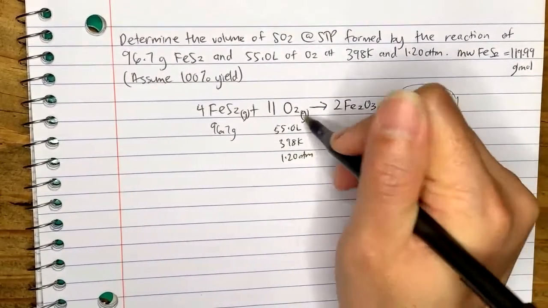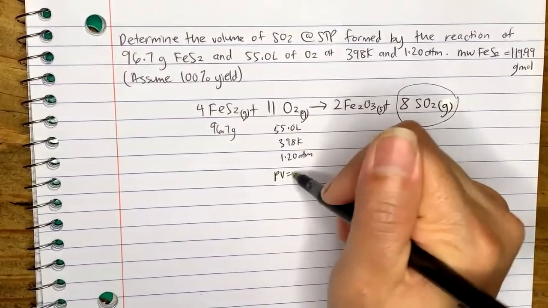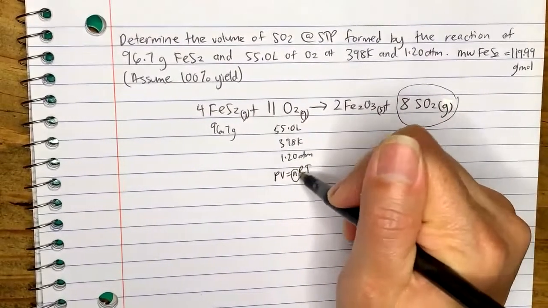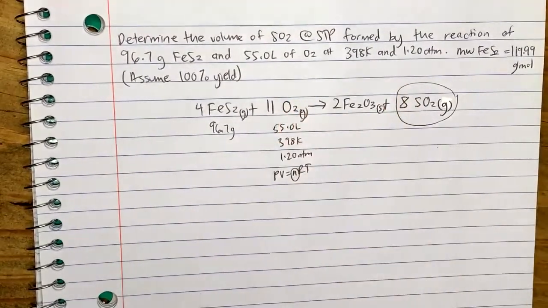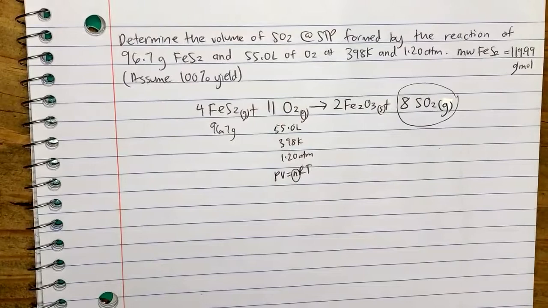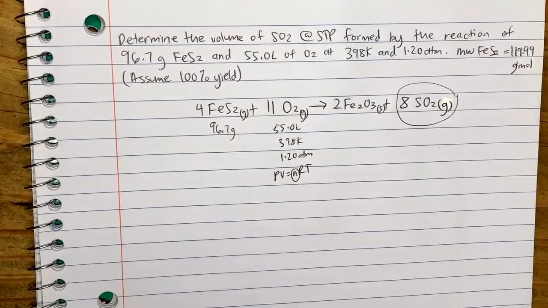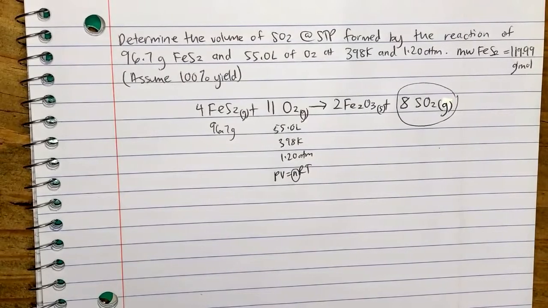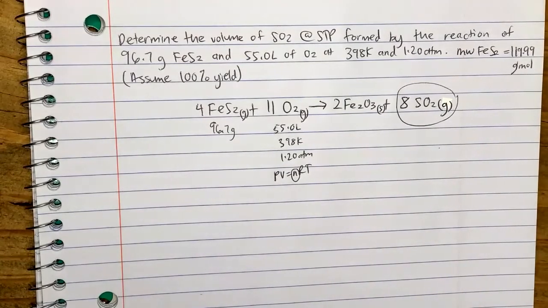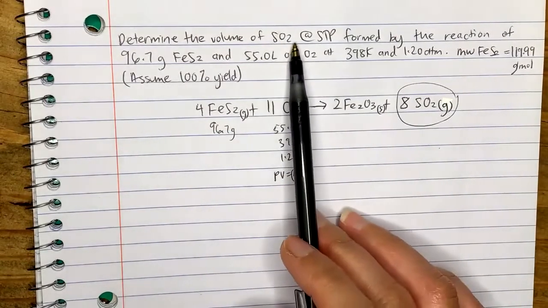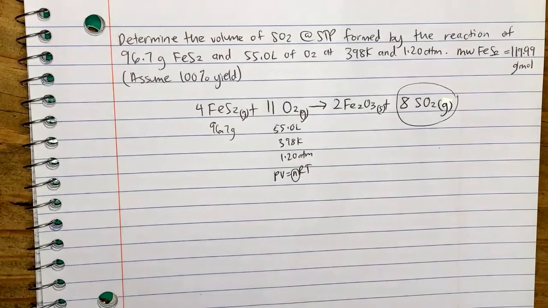Now all these values here, you use PV equals nRT to give you the number of moles. So this one here, you can turn into number of moles easily using the molar mass. Once we do that, we can figure out the theoretical yield, which is the smaller amount, right? Theoretical yield SO2. And then from theoretical yield, we'll make sure we convert the theoretical yield to volume, because 1 mole is 22.4 liters.